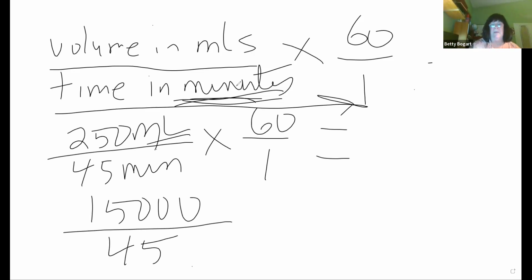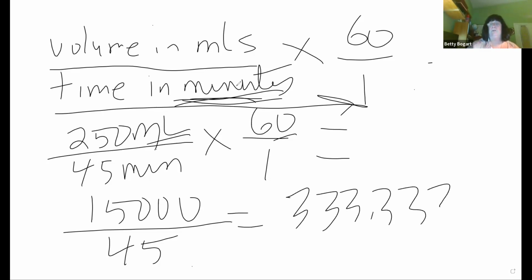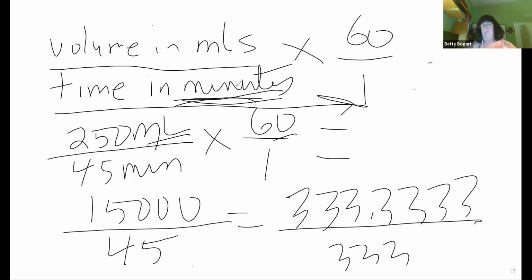And it's going to be mLs per hour when we are done. 333.3333. We always round that to the nearest whole number, so the answer is 333. And in drops per minute, you can't give a piece of a drop, so it's always a whole number. Is that understandable?